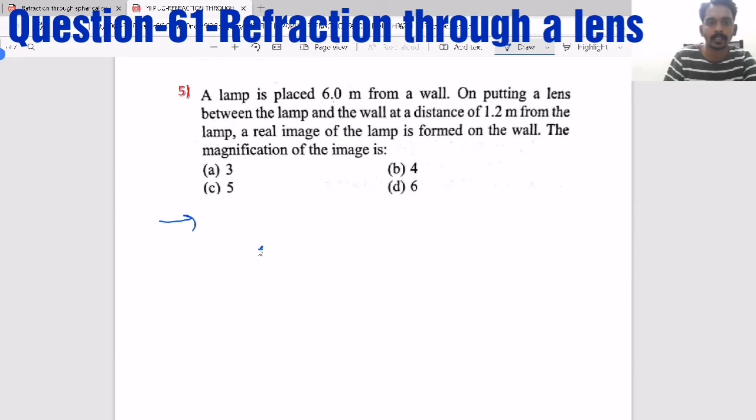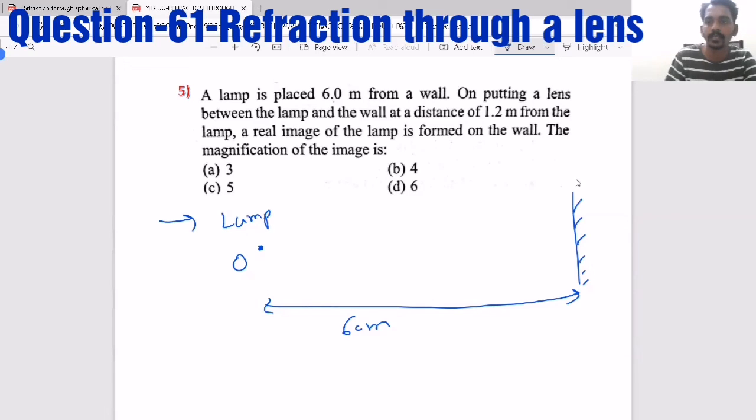So there is a lamp, let's take it as the object. Now there is a wall, like a screen. The lamp is placed 6 meters from the wall. This is 6 meters. And a lens is put between the lamp and the wall at a distance of 1.2 meters from the lamp.